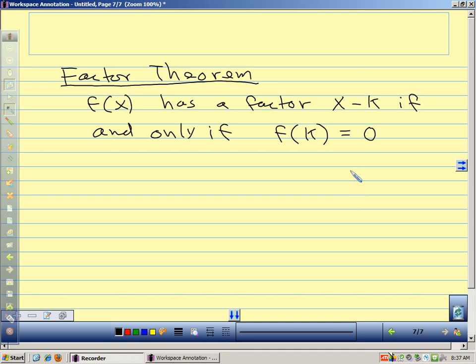And we talked about this on Friday: factor, solution, 0, and x-intercept all mean the same thing. So if f of k is 0, this means that if we divide f by x minus k, the remainder is 0.